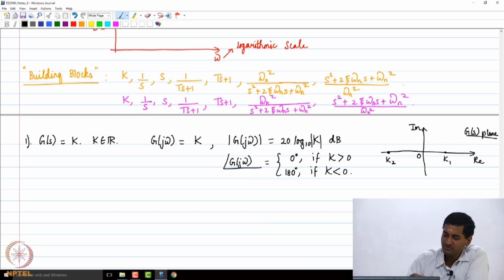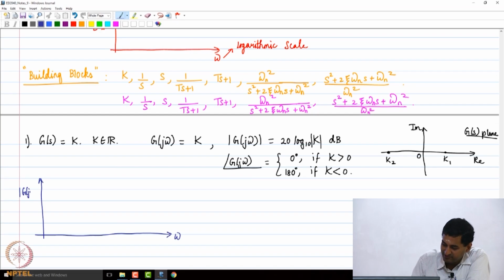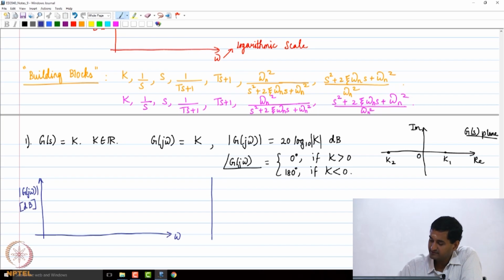Now, if I want to draw the magnitude plot and the phase plot, what is it that I should do? If I draw the magnitude plot and the phase plot, I plot the magnitude in decibels, and the phase plot also, where the phase is in degrees.